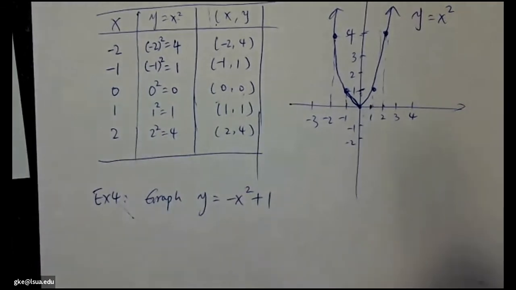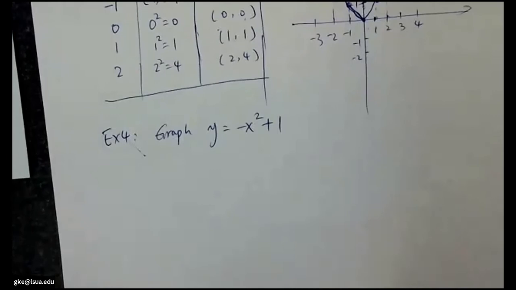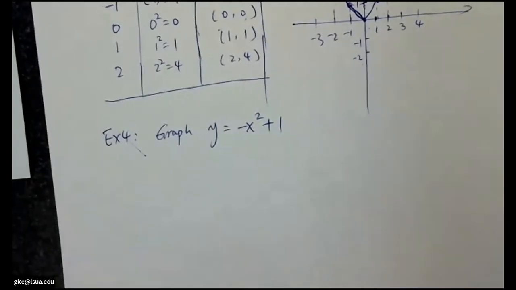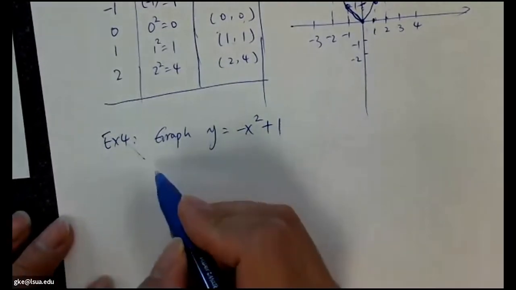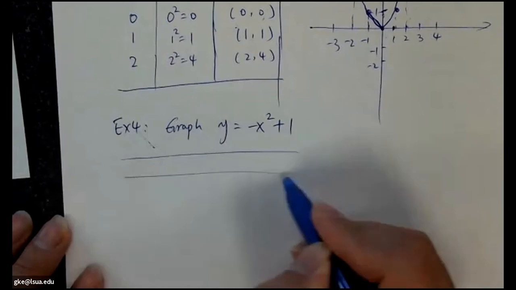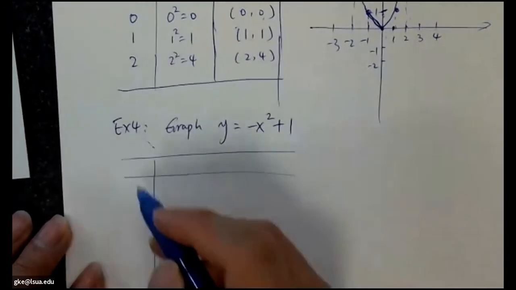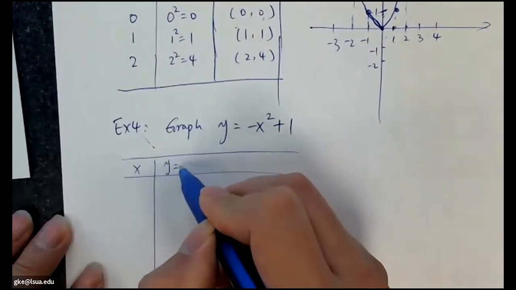Okay, now I'm gonna draw the picture on board. So basically, you're gonna pick 5 points, right? 5 points. So let's take a look. We can draw a table, and the table is gonna simplify the process. Okay.